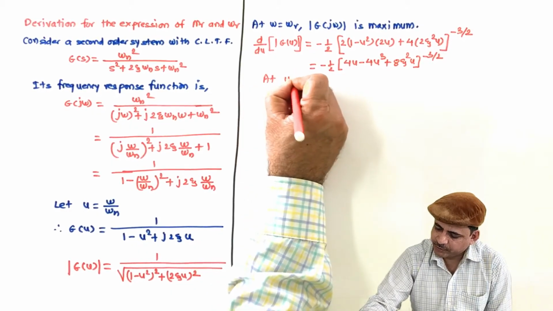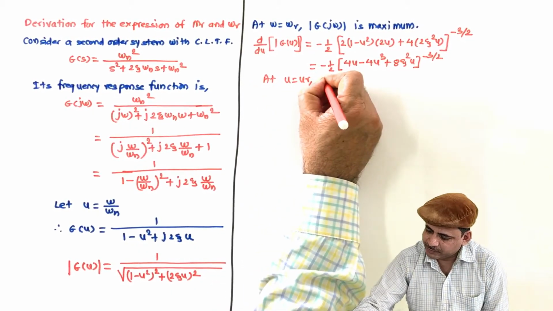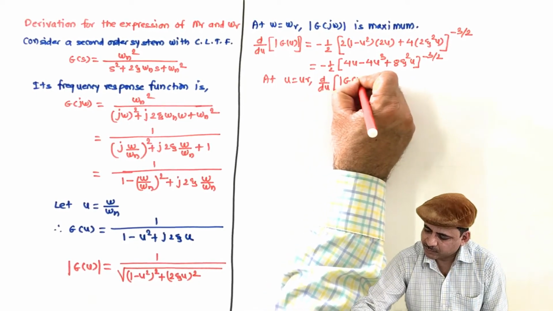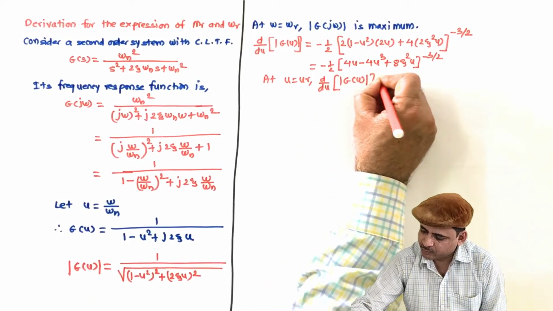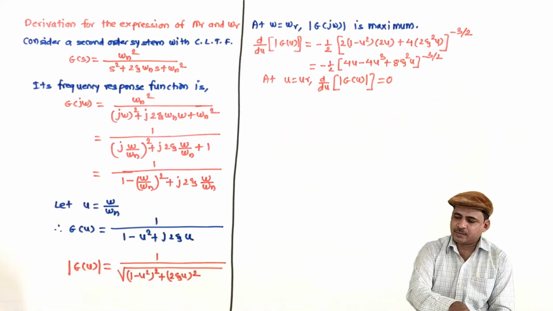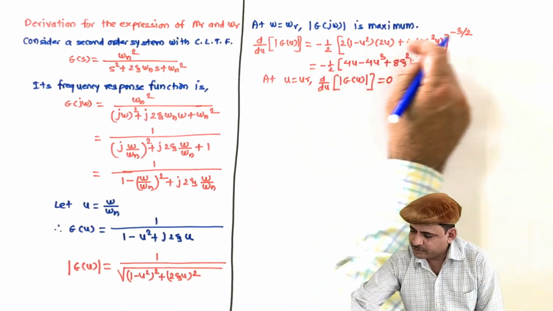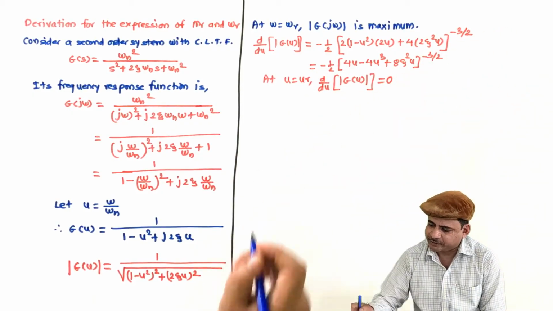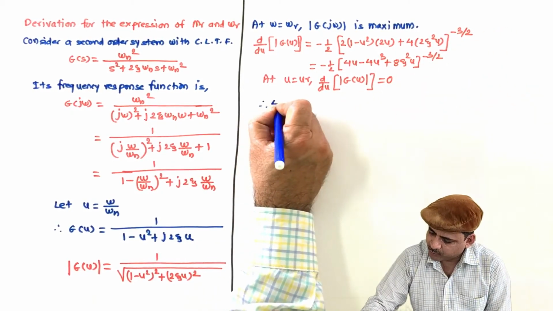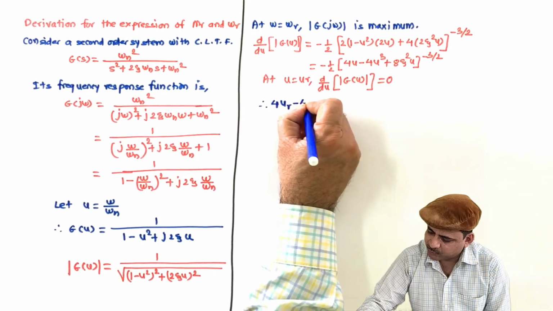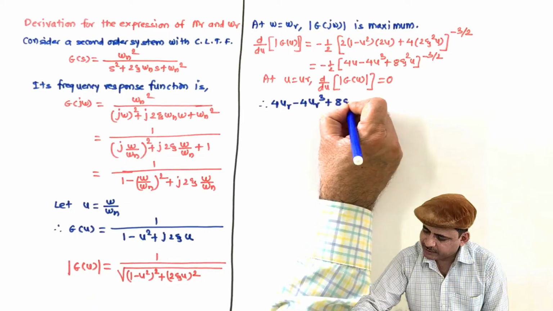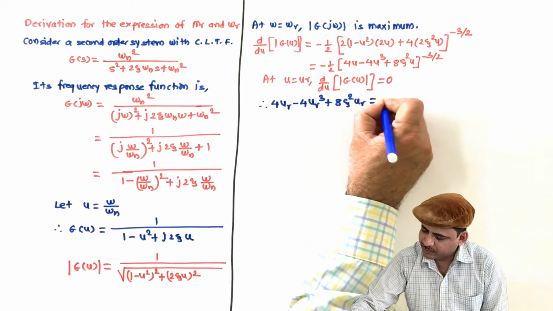At u equal to ur, this d by du of the magnitude is equal to 0, and that means this term will be 0. So this 1 by 2 will vanish and this power will also vanish. So 4 times ur minus 4 times ur cube plus 8 zeta square ur will be equal to 0.